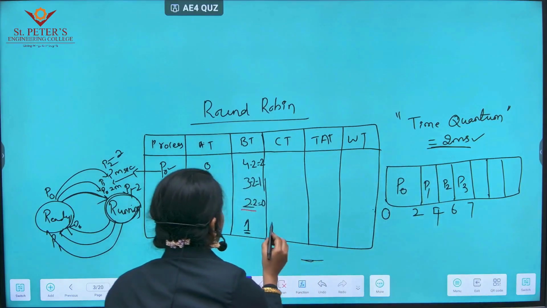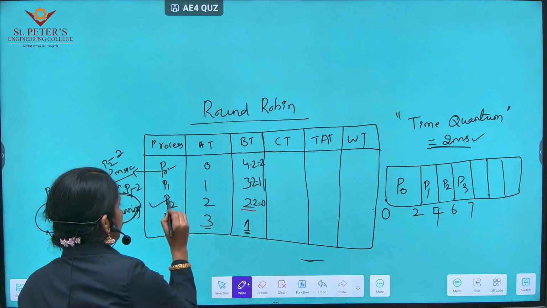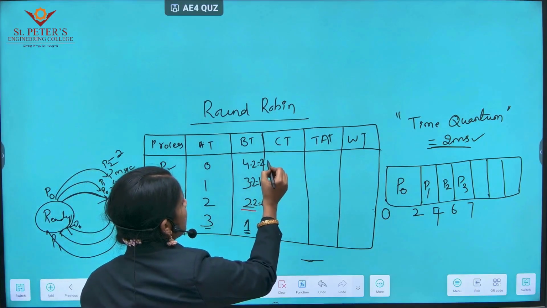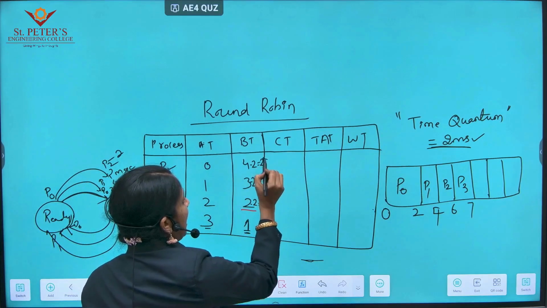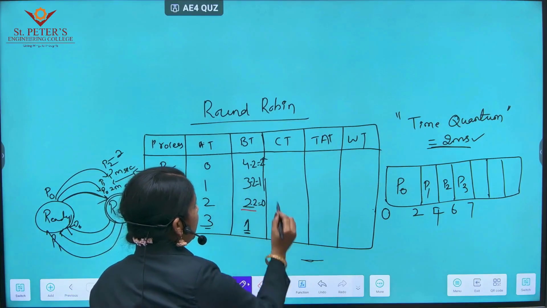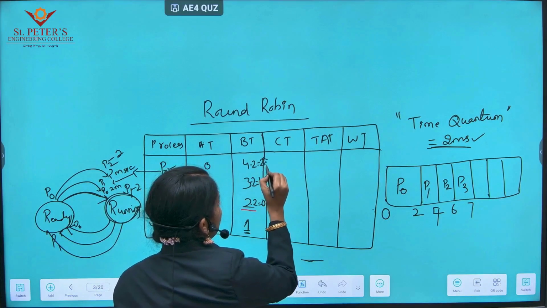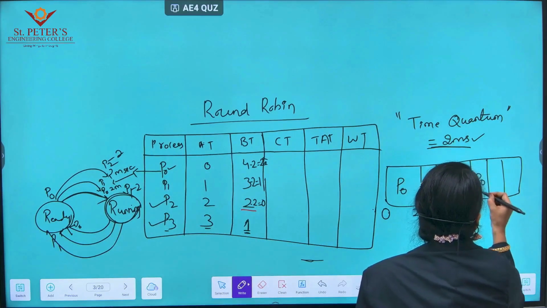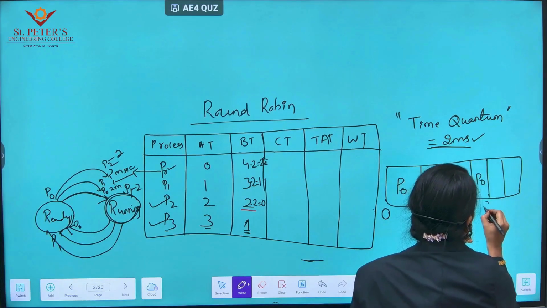So which processes have been completed here? P2 and P3 have been completed. Again the CPU will be assigned to P0. P0 has 2 milliseconds, so 2 minus 2 is 0. P0 executes again, and 7 plus 2 is 9.